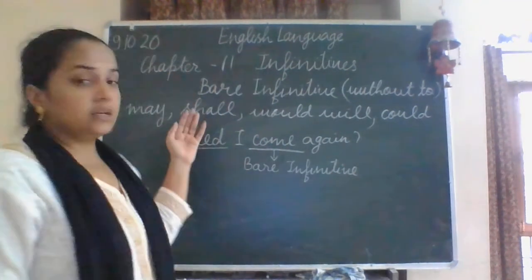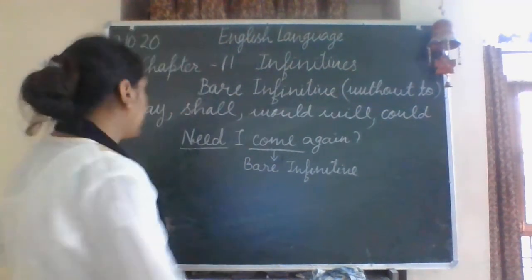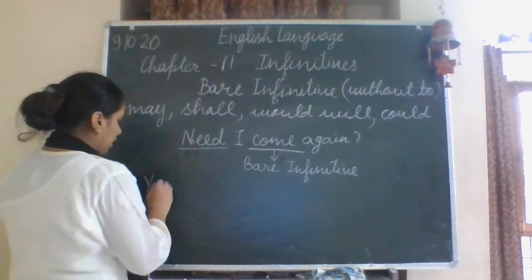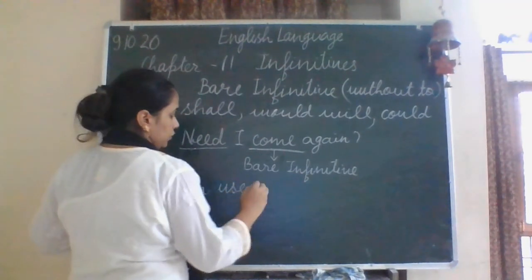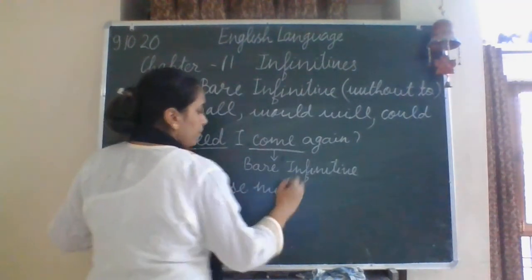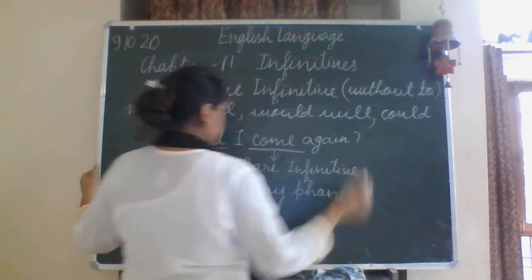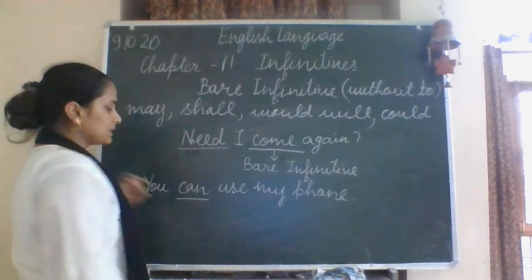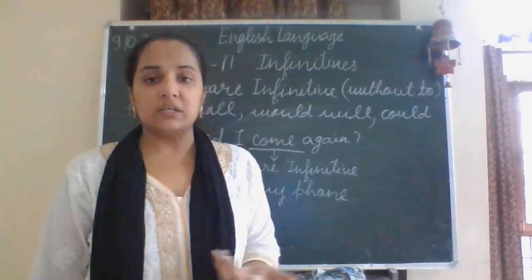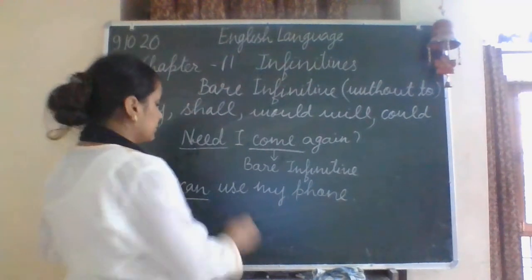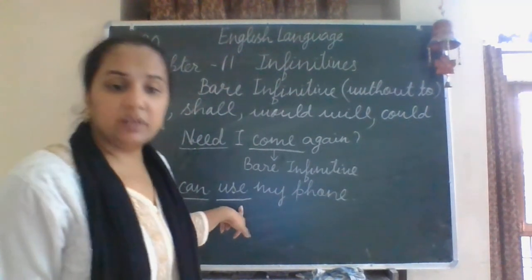Or with the use of a modal, we can say you can use my phone. So here this can, the modal, will determine what kind of sentence it is, and the verb that is used here is the infinitive.